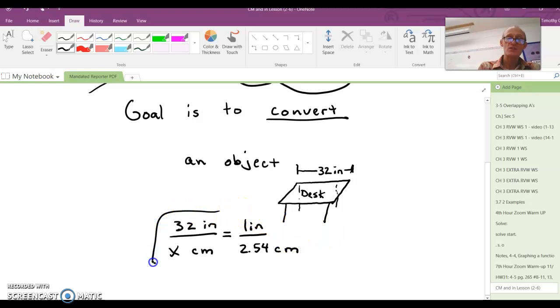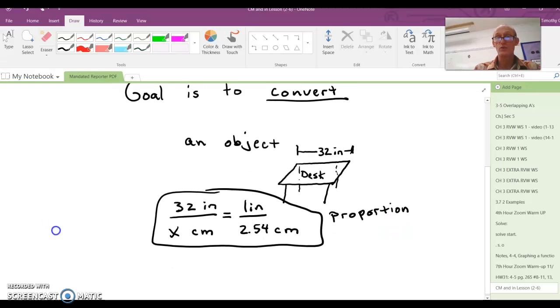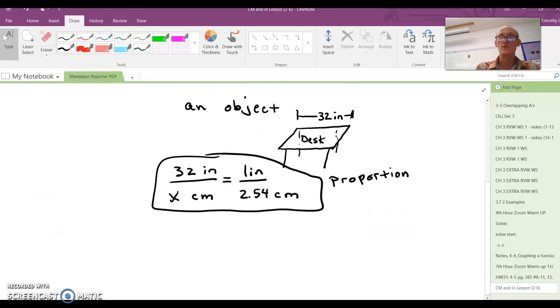So this is what's known as a proportion, and it's really important in math to know how to solve a proportion. We want to solve for x, because it will tell us how many centimeters are in 32 inches.